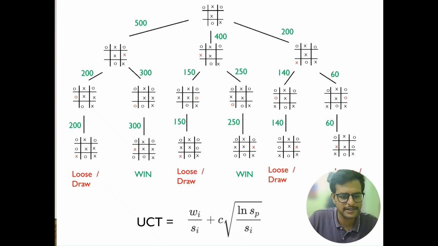As Sp increases, our UCT value for this move also increases. So this leads us to explore this move and this move also. After some number of simulations we explore these moves and the 200 moves also, but exploring the 200 moves leads to not getting a win. So we explore this move fewer times, as we can also see in this formula.